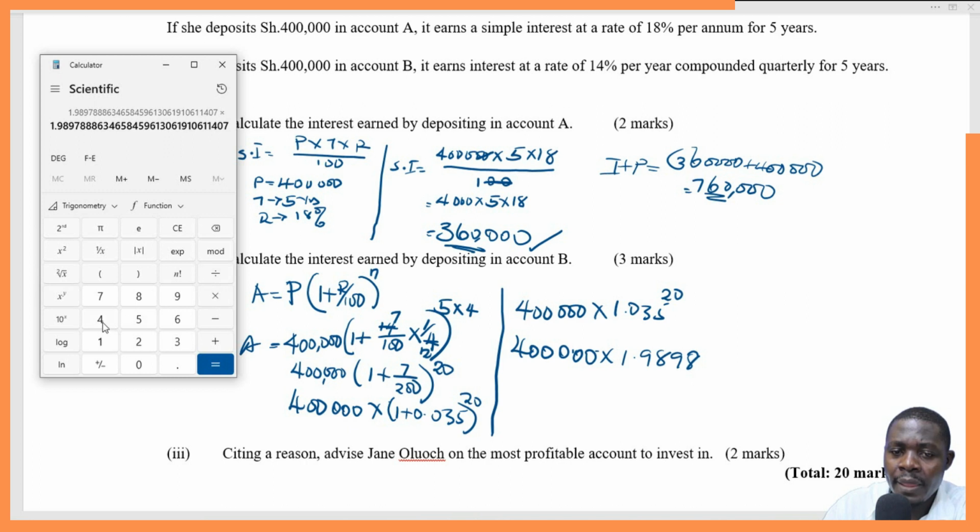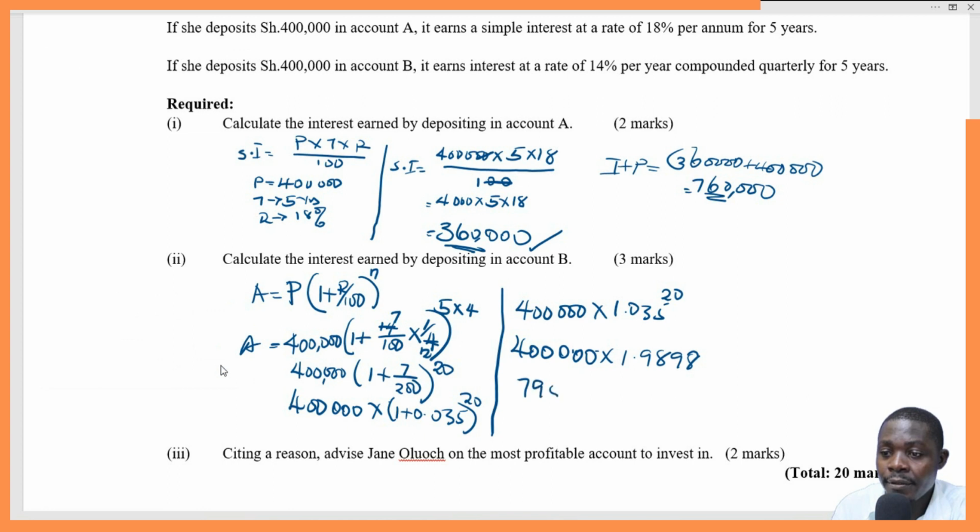If you multiply, you get the total value as 795,916. If you round to a whole number, it's going to be 795,916. This is the amount, but the question is asking calculate interest.